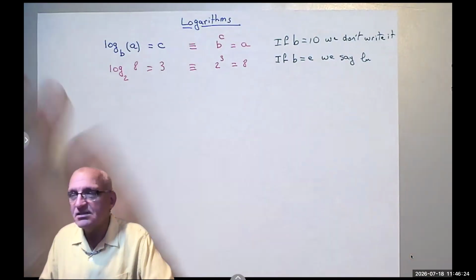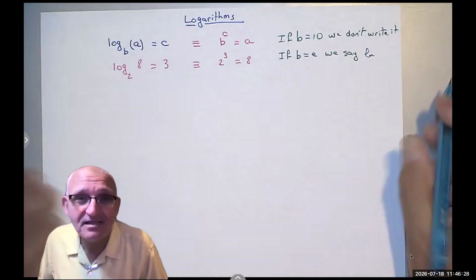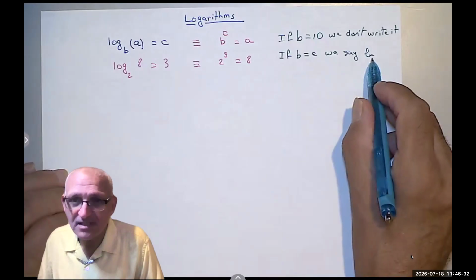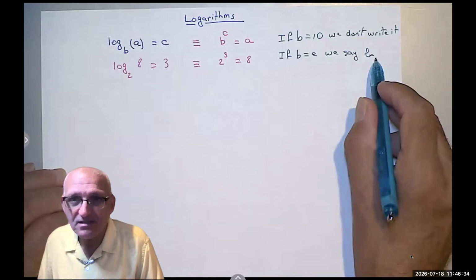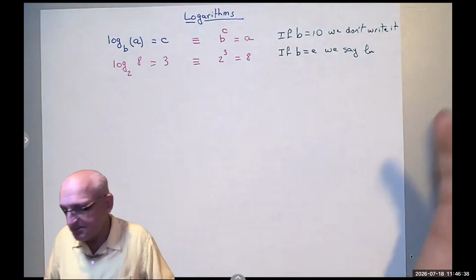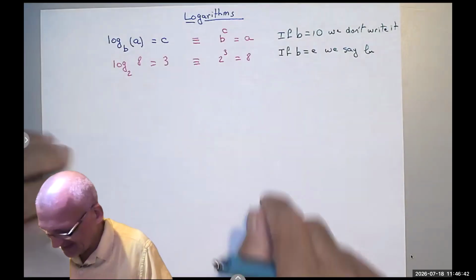E is everywhere in nature, so natural log makes sense. Or Neperian logarithms, because the guy who started that, his name is Napier. Nobody's saying Neperian, but that's a historical background.